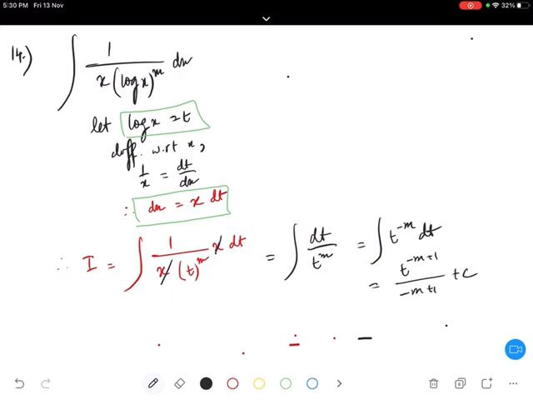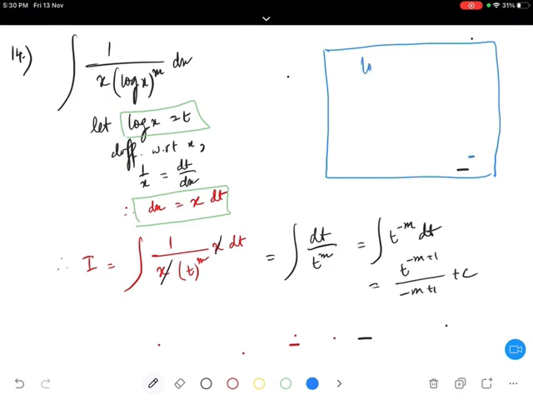Okay, and what is t? T is nothing but log x, and I don't want to write minus m in front. I will write 1 in front. So I will write log x to the power 1 minus m divided by 1 minus m plus c. That's it.